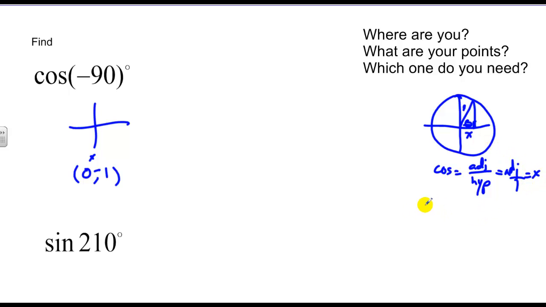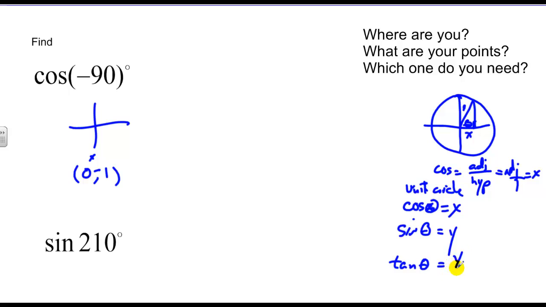So for a unit circle, the cosine of some angle theta is always going to equal x. The sine of some angle theta is always going to equal y. And the tangent of some angle is always going to equal y over x. This is for the unit circle only, not for those right triangles that we were using before.